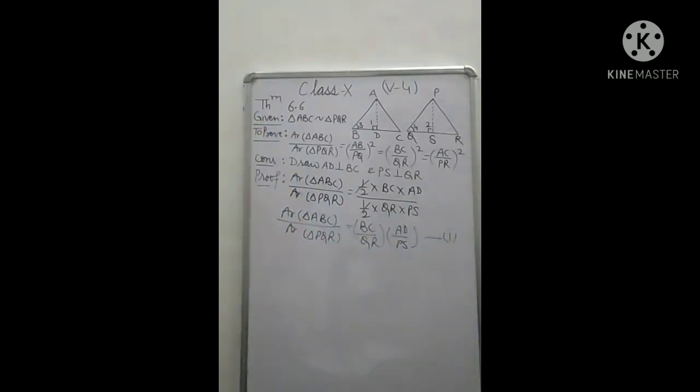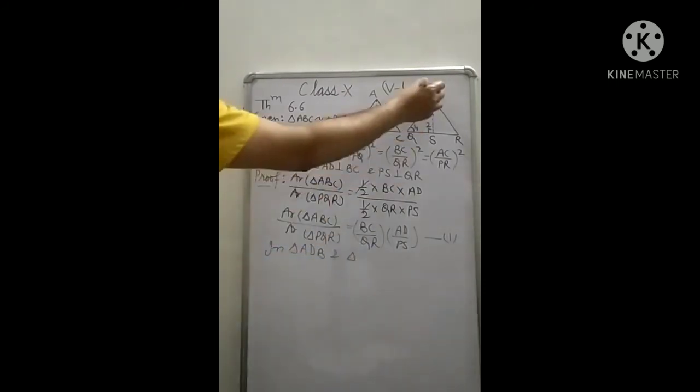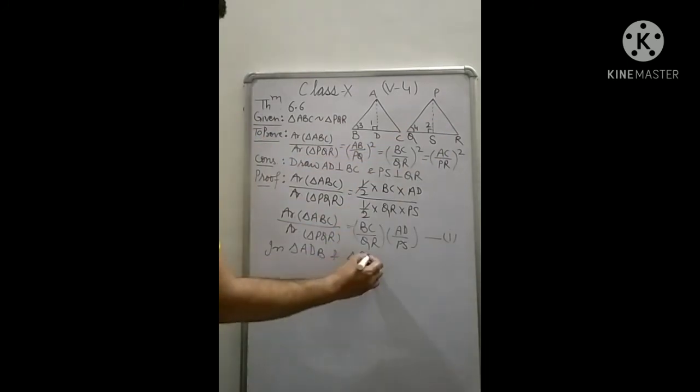Now take two small triangles, that is triangle ADB and the second triangle PSQ. So take the corresponding parts here. In these two triangles we have angle 1 is equal to angle 2. Why is it so? Because each is 90 degrees.